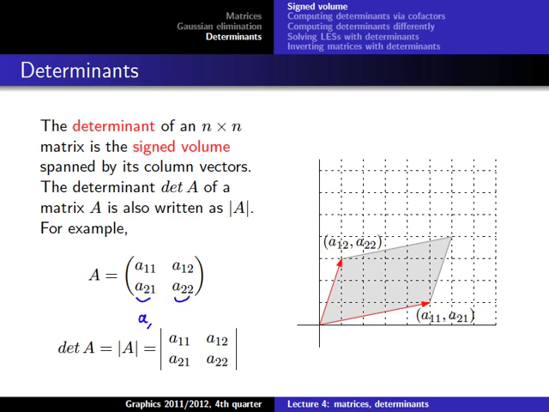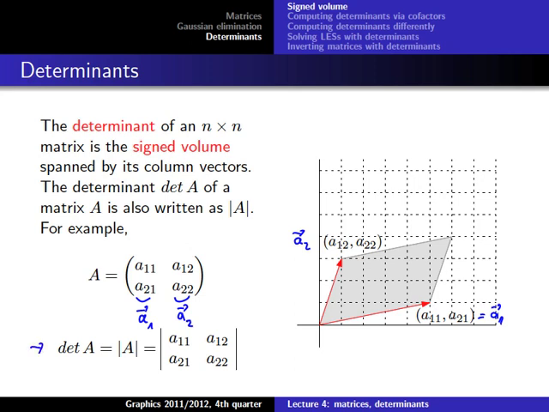So in this case, we have A1, and here we have A2. And if we draw this in a two-dimensional coordinate system, we have here, again, this vector A1 and the vector A2. And then we see those vectors span up a volume, which in 2D is a parallelogram. And this then defines our determinant.